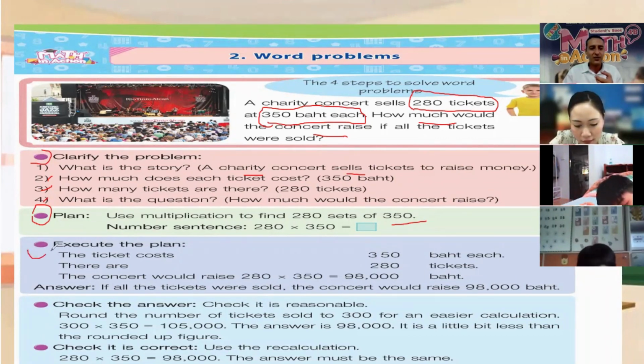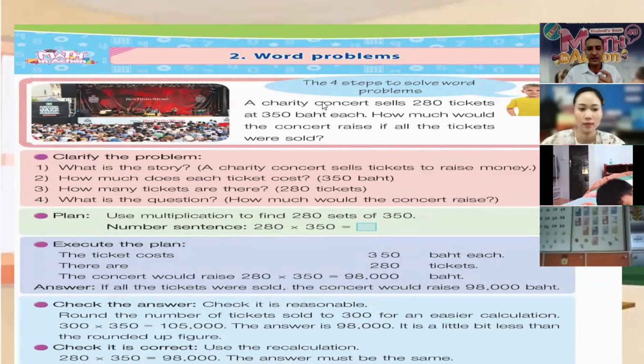Now step 3, execute the plan. Now we are going to solve the problem. How much does each ticket cost? 350 baht each. And how many tickets are there? There are 280 tickets.